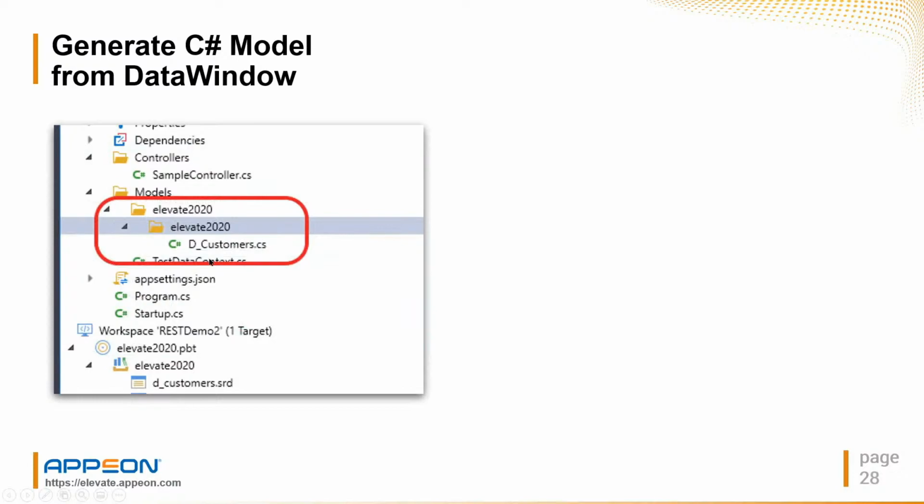And what you get now is a file that basically has the data window name. There's some options that you can change prior to that, where it doesn't necessarily have to exactly match the data window name. I like to take the D underscore off myself, but in this case I just left it on there.